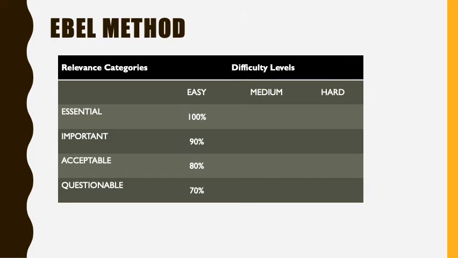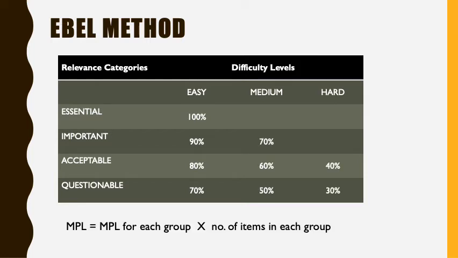For example, an easy question that is important, you score this as 90, and an easy question which is quite acceptable, just give it an 80% chance. And easy questionable, just give 70%. You can put the other MPL for each item accordingly. So you set this before you continue on to the next step.